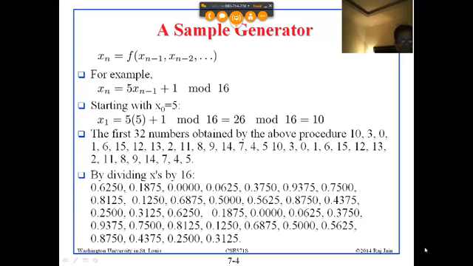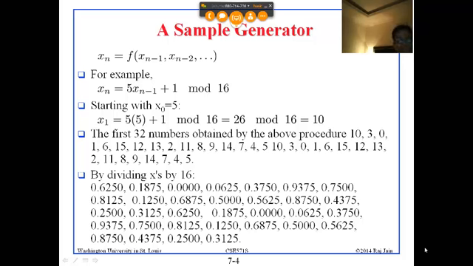There are several things. First of all, the cycle length is very small, 16 or 15, some number like that. So you really don't want to use this as a generator. If you were to use this, you would use mod not 16, but mod 2 raised to 16 or maybe 2 raised to 32, a large number, so that the cycle is large.